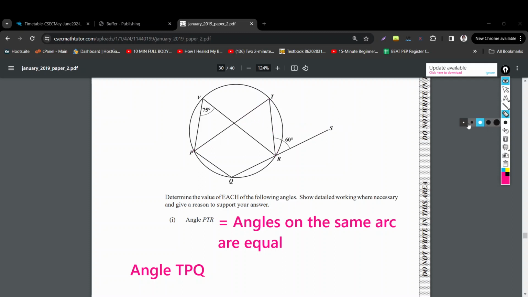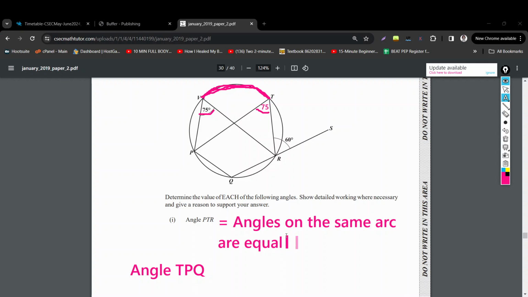If you look carefully, guys, this 75 degrees here is supposed to match this 75 degrees here because they're on the same arc, right? So this is the arc that they're on. So this means that here is also supposed to be 75 as well. Cool. So this is one of the rules, guys.